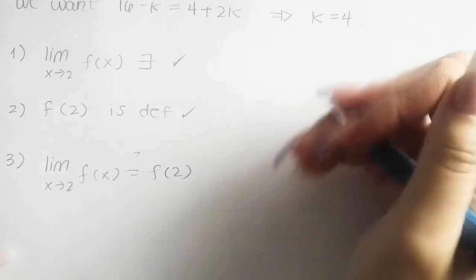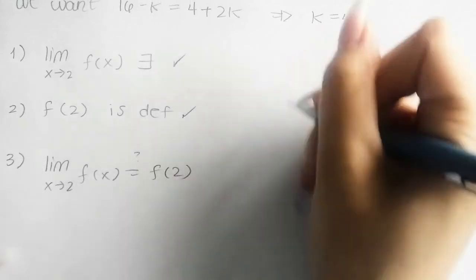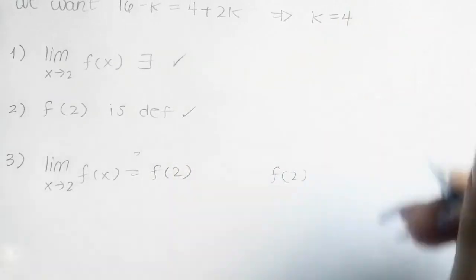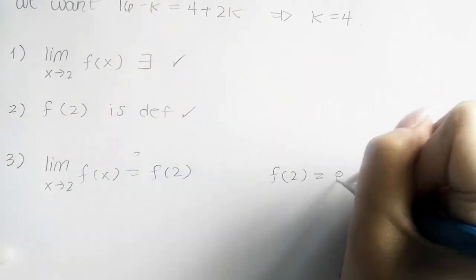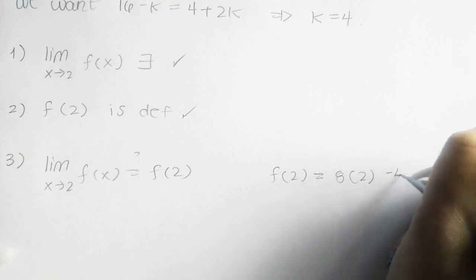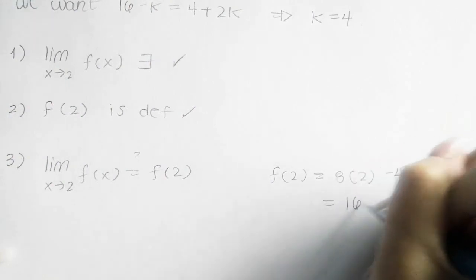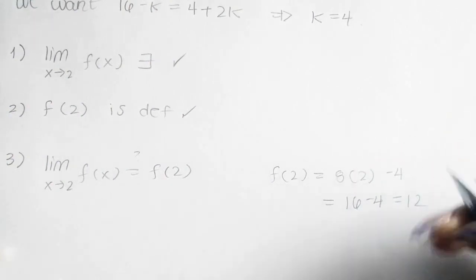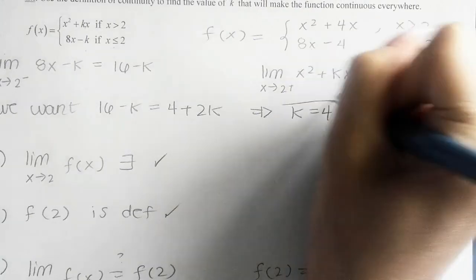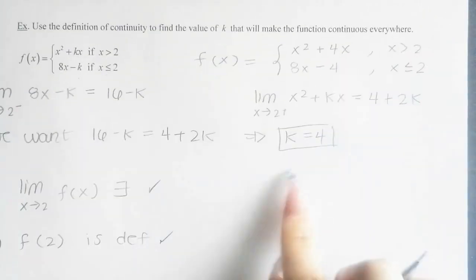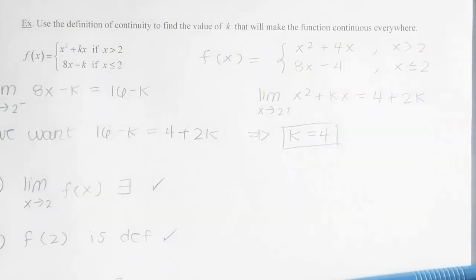When you plug in f of 2, f of 2 is going to be equal to 8 times 2 minus 4, which is 16 minus 4, which is 12. So indeed, this is continuous. So basically with this beautiful k that we have over here, we fixed the function.